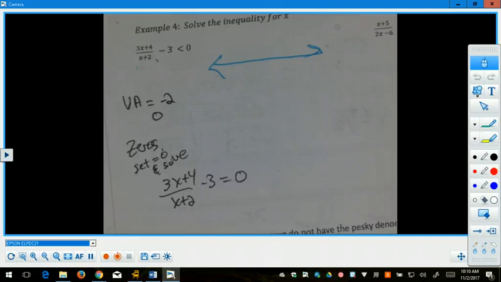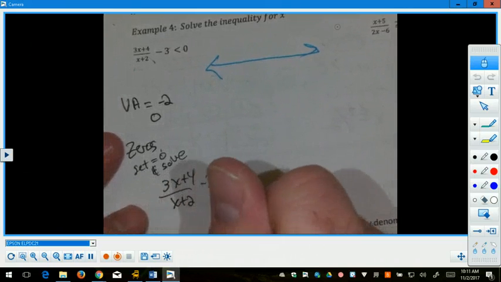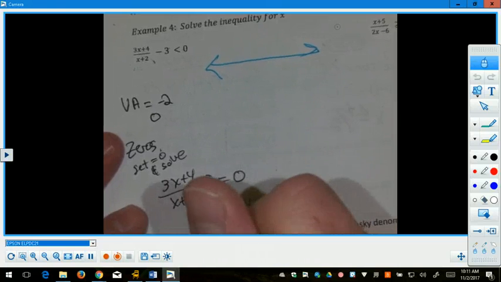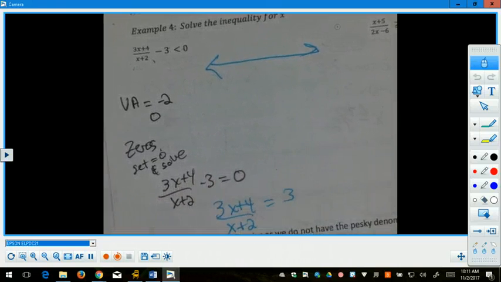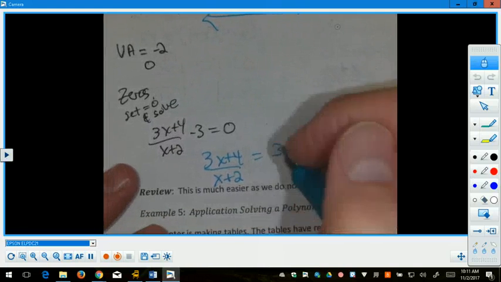Well, we just finished that skill with 2.5 a couple days ago, so what could I do to solve this equation? I could add 3 and then do what? Multiply by x plus 2, because it's the least common denominator. Some of you said, well, just add 3 and put it over 1 and cross multiply. It will have the same effect in this case since it's one ratio equals another.